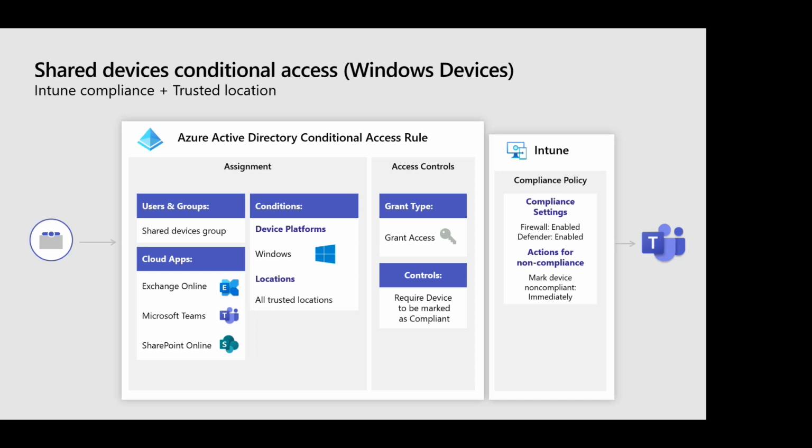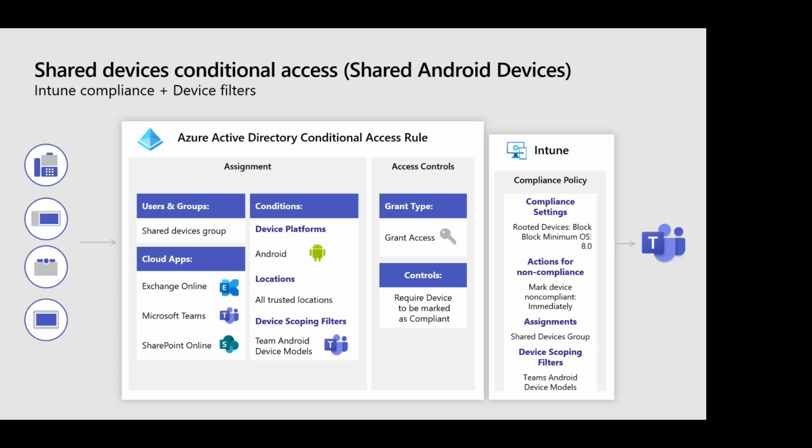So we're saying when we see a sign-in request, it has to be marked as compliant and has to be coming from one of these locations, or it's not signing in. It's not getting in to be able to do what you want it to do. So shared Android devices is going to be similar to the previous Windows example.